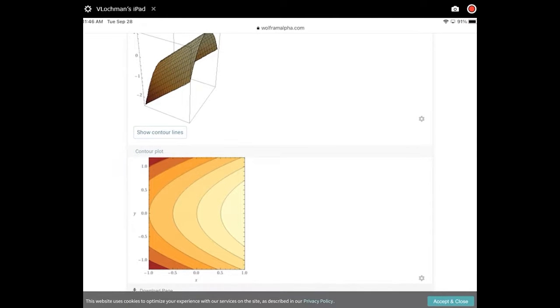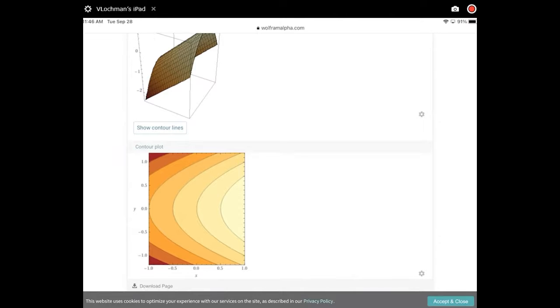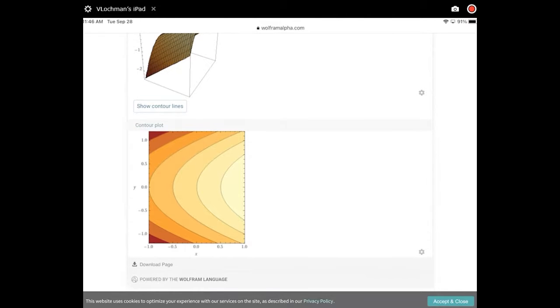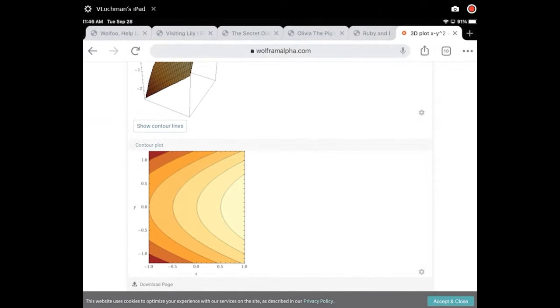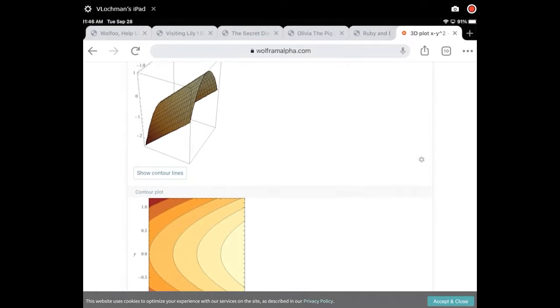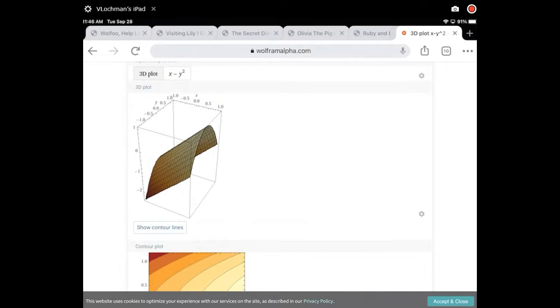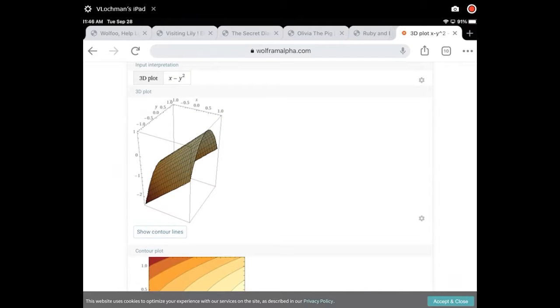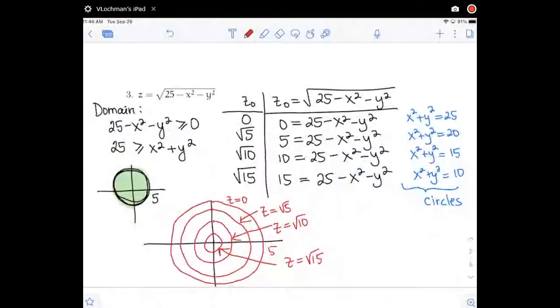This is what they call a contour plot or contour lines. We call them level curves. That's exactly the same thing. So this will give you a quick way to check if you've done this correctly. It's a free tool, very useful. And if you want to check your work with Wolfram Alpha, you absolutely can. That's completely fine.